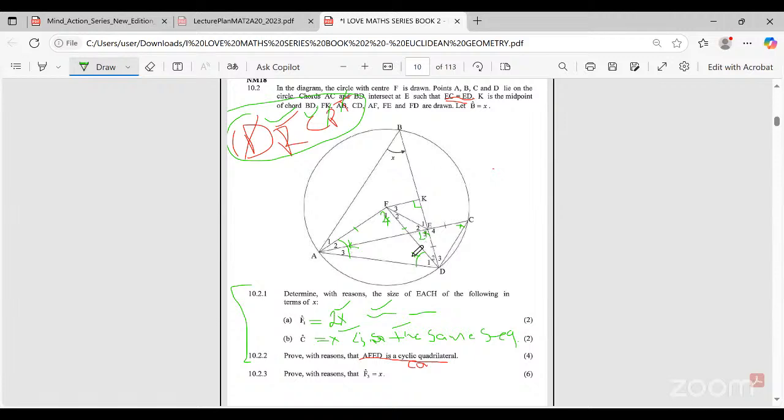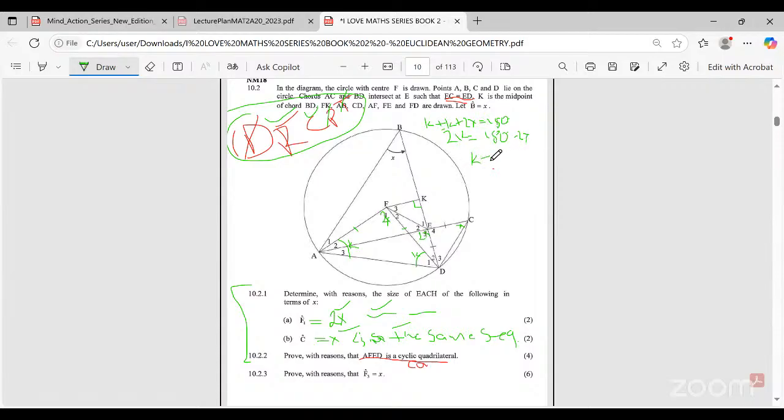And then you are going to solve for the value of k. You have that k plus k plus 2x is equal to 180 degrees, right? And then you're going to have 2k is equal to 180 degrees minus 2x.